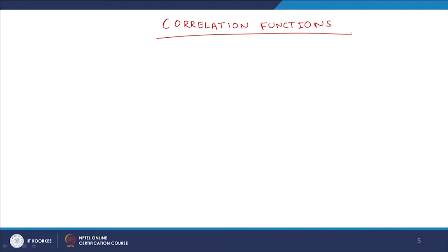And there are two different correlation functions I will use to characterize the magnitude of Brownian motion.